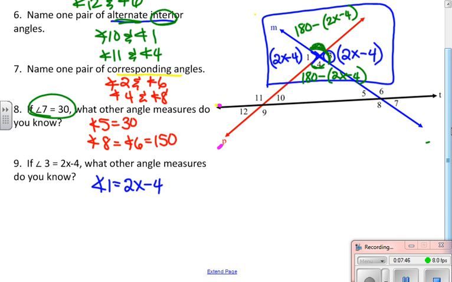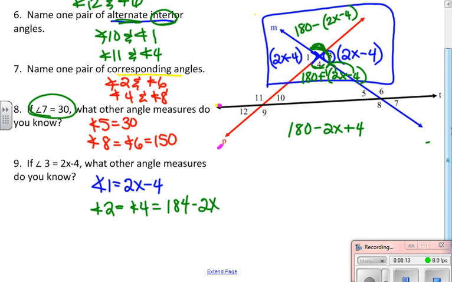So if we were actually going to clean it up, we'd have 180 minus 2x plus 4. So you have to distribute that negative. And so angle 2 is the same as angle 4, and they equal 184 minus 2x. So that's just a little application of your algebra to your geometry.